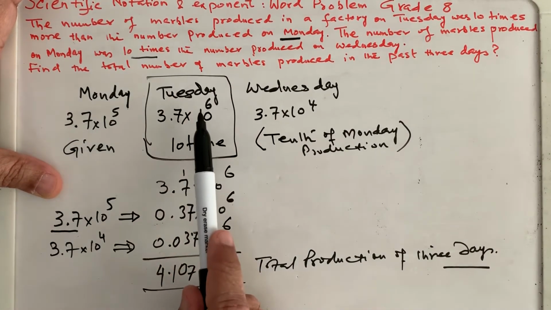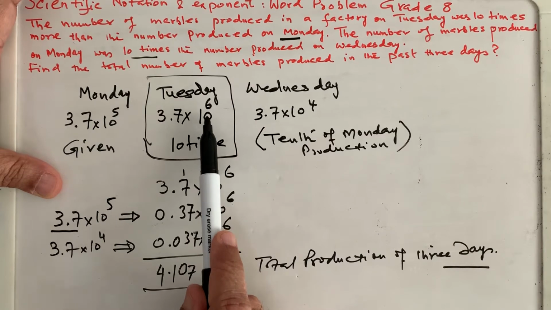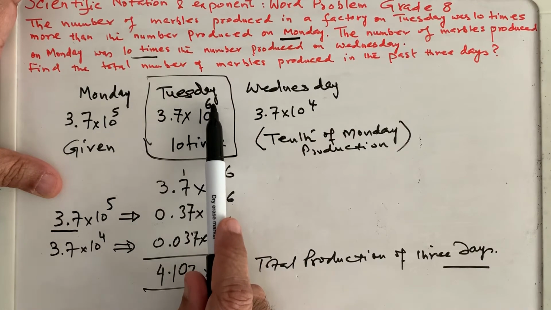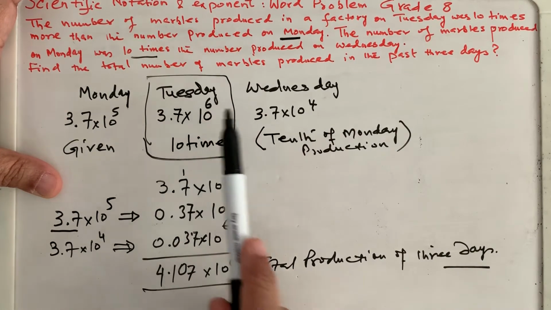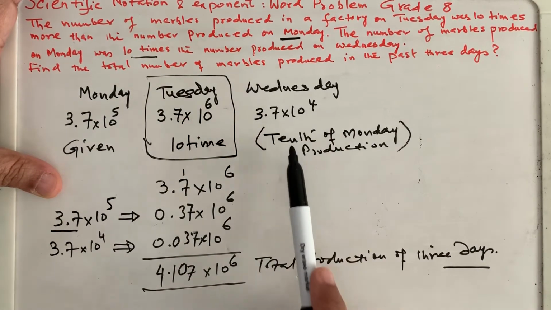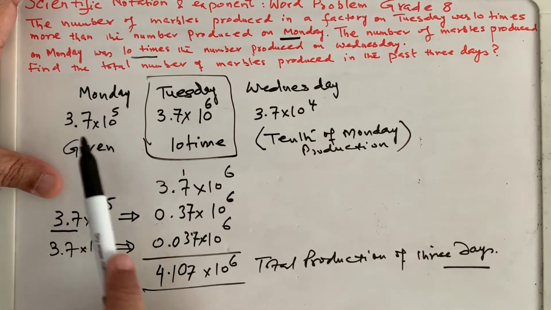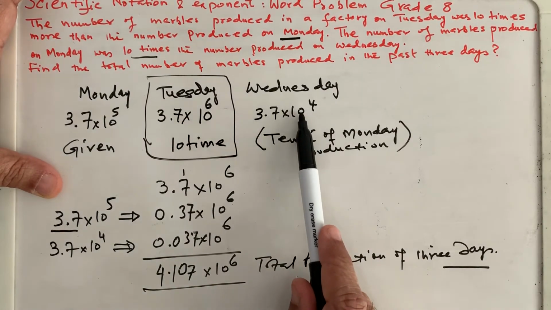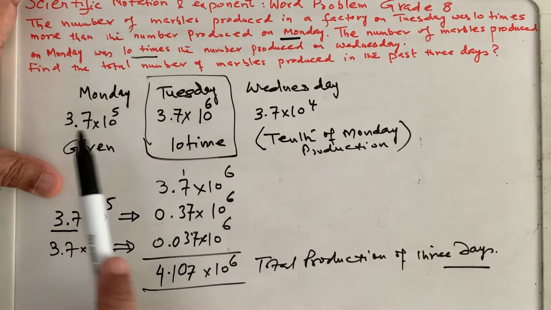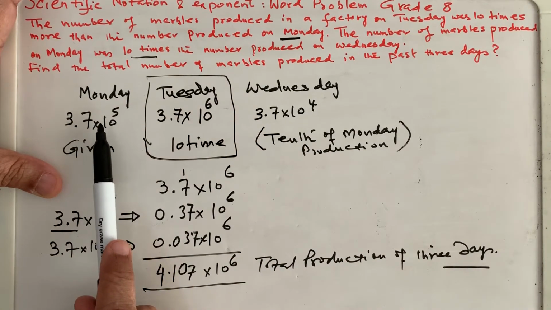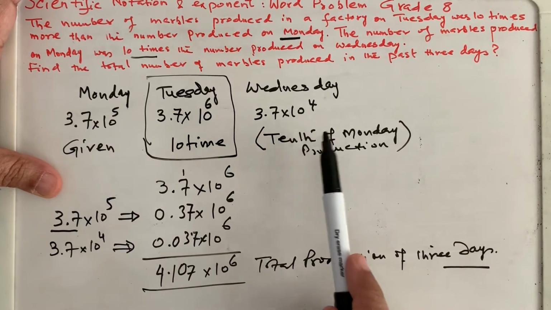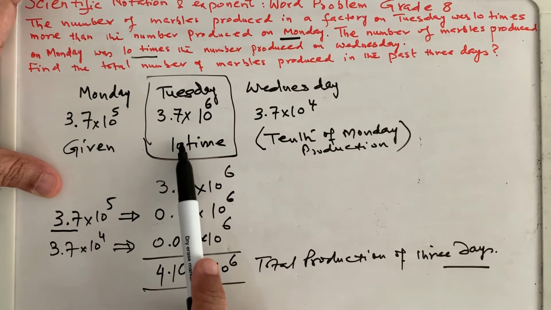Tuesday production is 10 times, so I make it 10 times. And 10 times means one power will increase, as per the exponent rule. And Wednesday production is a tenth of Monday's production, so one power is reduced. A tenth means divided by 10. 10 times means multiplied by 10.